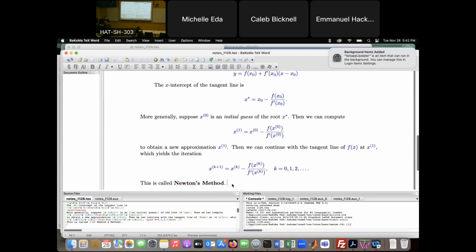It's the idea that we were discussing for one of the explorations, the intermediate value theorem.